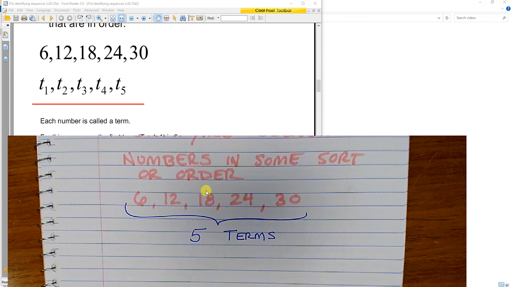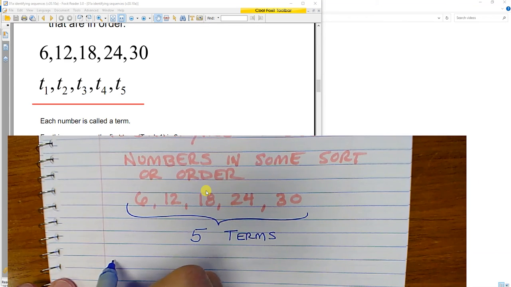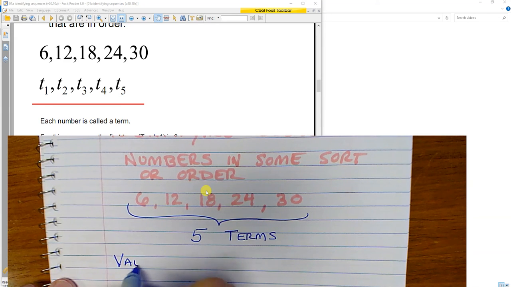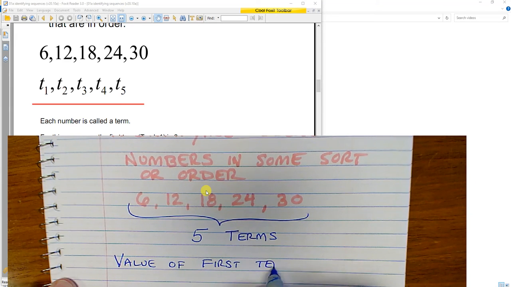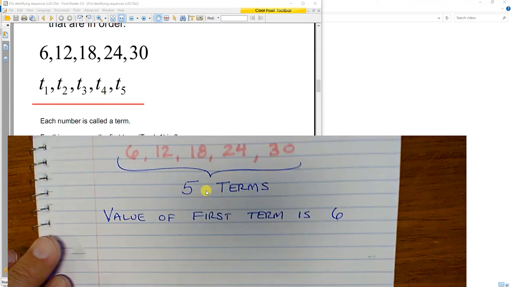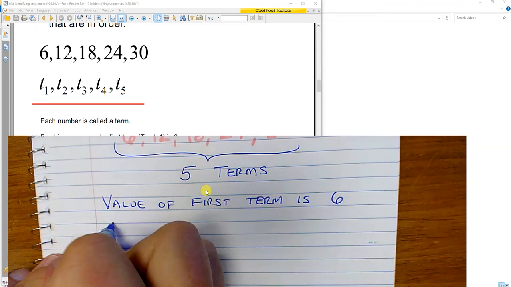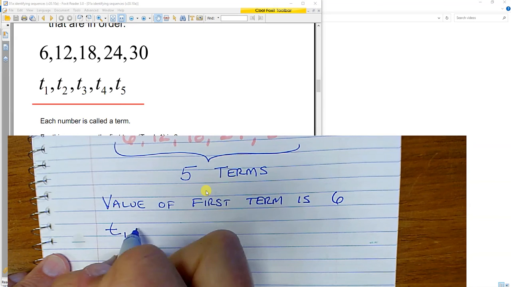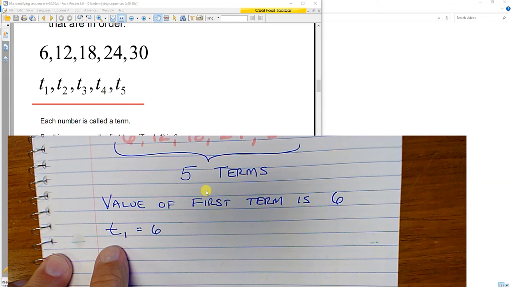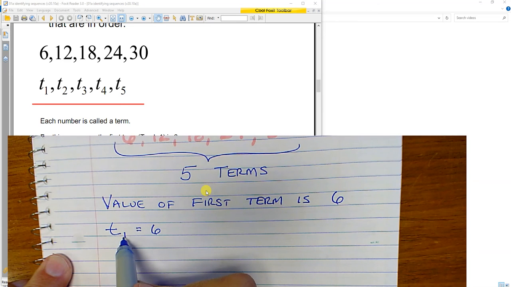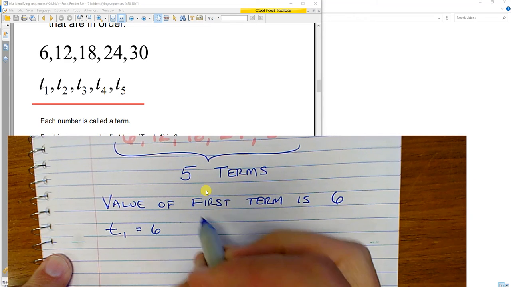The value of the first term we call t sub 1. So the value of the first term is 6, and we call that t sub 1 equals 6. This is called t, the letter t, with a subscript of 1 equals 6.